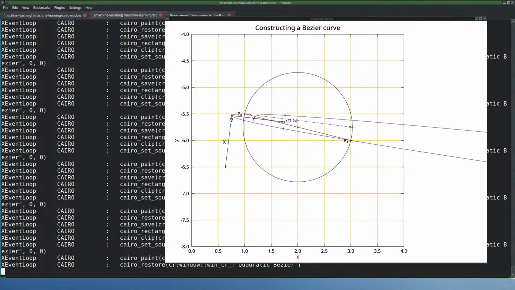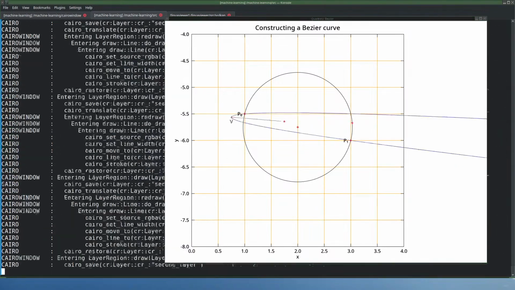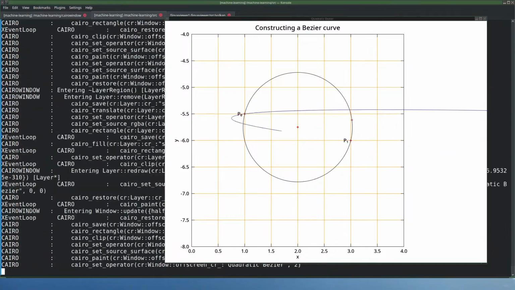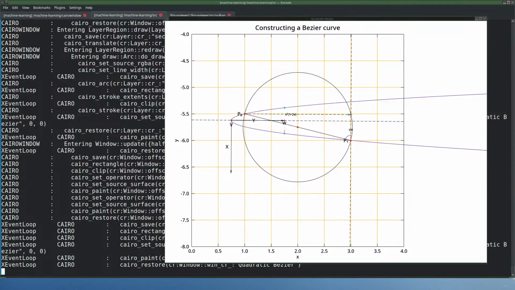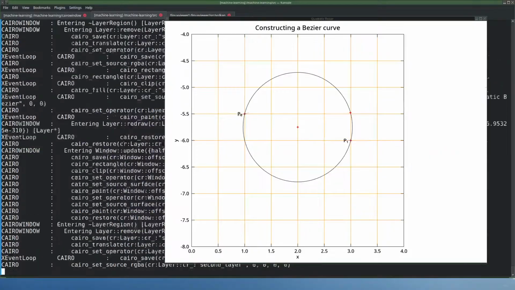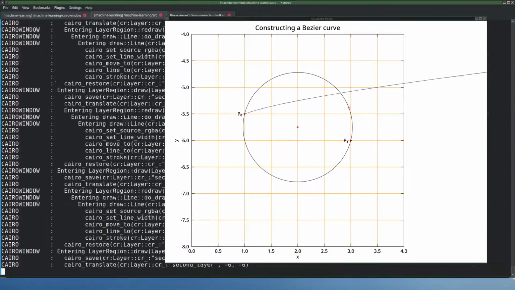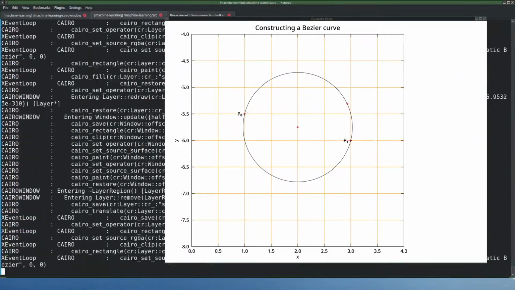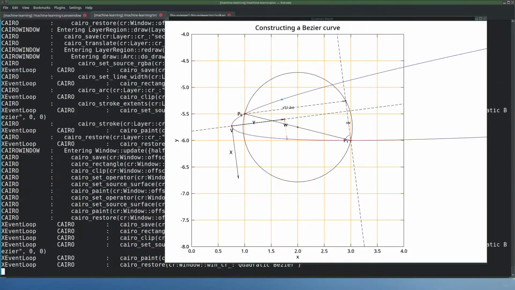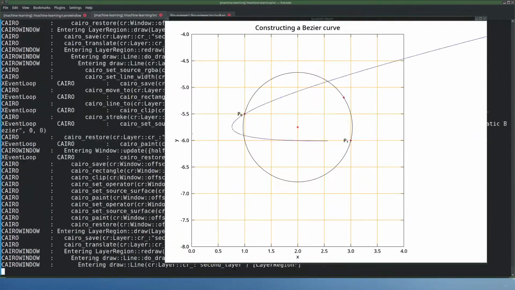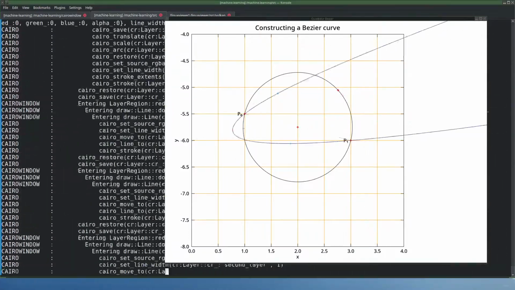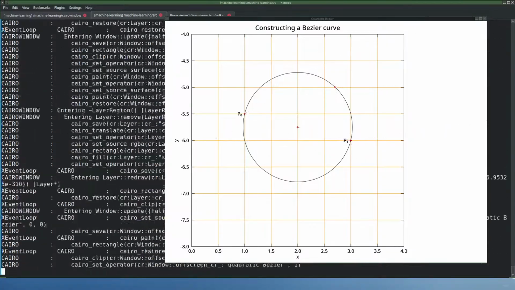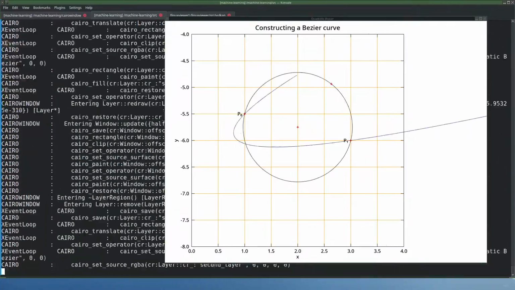Now that looks much better. That is still incredibly slow. Oh, I think I know why it's so slow.